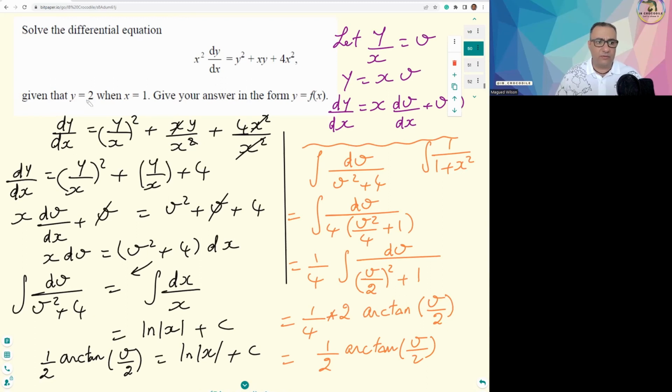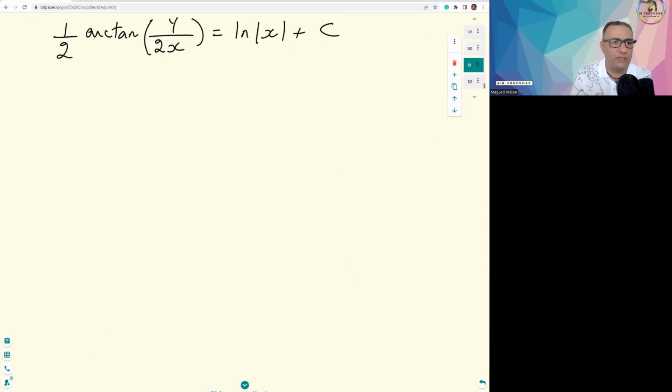Now, here is the best time to use the initial condition given in the problem. I have the condition x equals 1, y equals 2. So this is the best time to substitute to find the constant of integration.